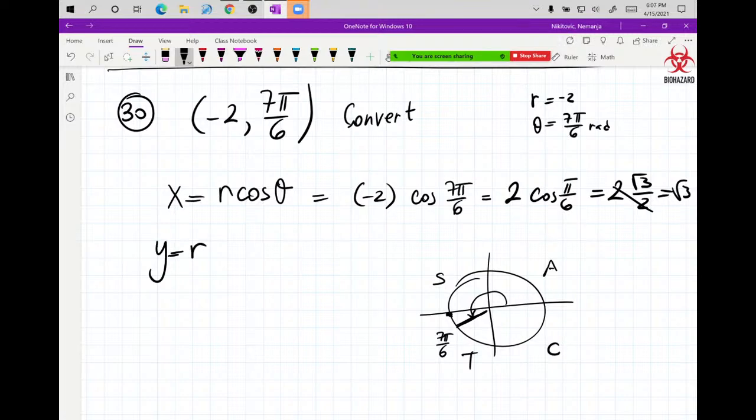Now we rinse and repeat. -2 sine of 7 pi over 6.